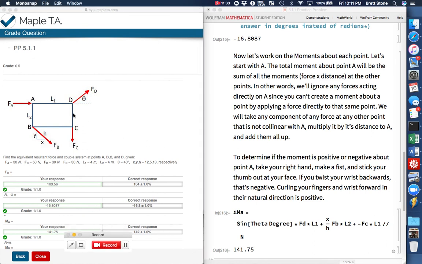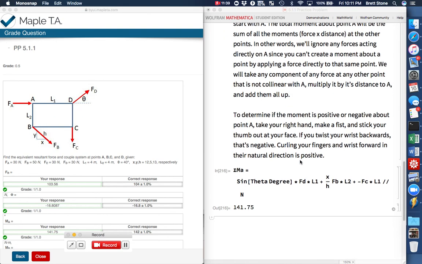So to get the moments about point B, C, and D, you're going to do the same thing that we did over here to get the moment about point A, but you're just going to have to look at it from the perspective of, say, point B. Now, from point B, the force B is not going to cause anything because there's no distance.